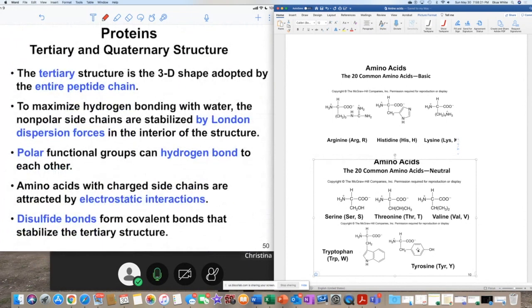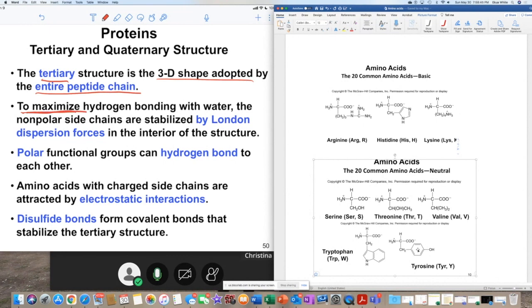Okay. So now we're getting towards the end. Tertiary structure is a 3D shape adopted by the entire peptide chain. So now the peptide chain coils upon itself, and it kind of coils even more. And so now we have maximum hydrogen bonding.